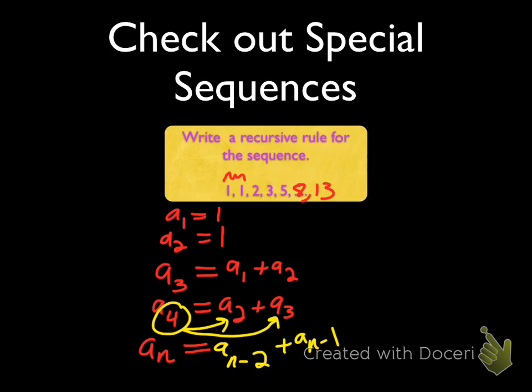We can check that and make sure that it actually works. Let's find a sub, I don't know, a sub 8. a sub 8 should be a sub 6 plus a sub 7.